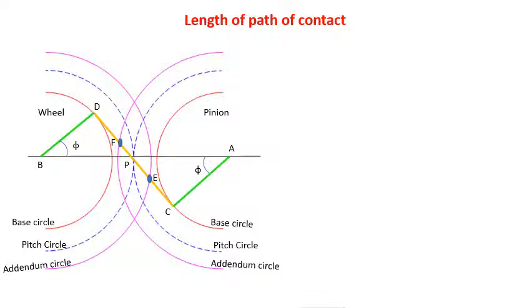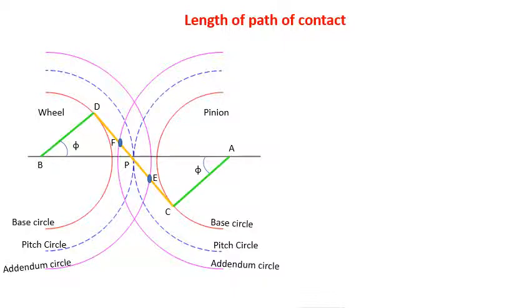So here engagement of the two teeth takes place and here the disengagement takes place. Therefore, this path is nothing but the length of path of contact. And if we split this line into two parts, EP and PF, right? So EP represents the path of approach and PF represents the path of recess.